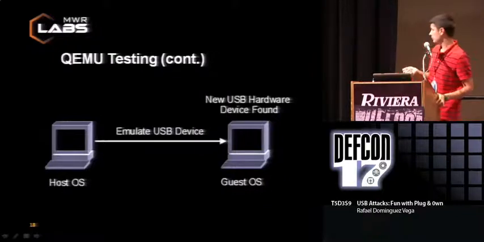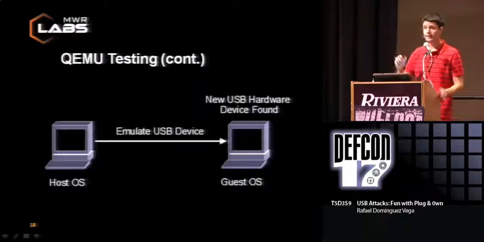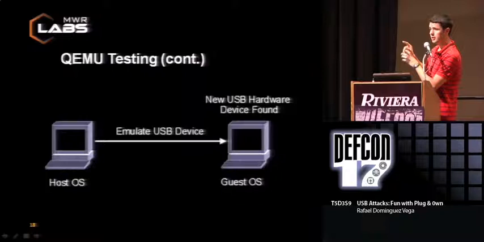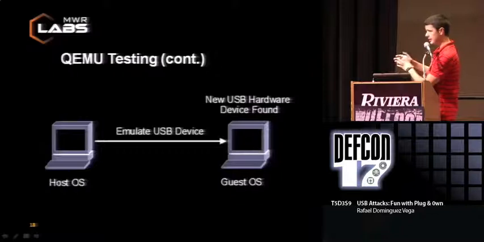As we all know, secure operating system. So what we did in the virtual machine, we installed Linux, the exact version that was used in the hardware device that we were testing, with the idea of emulating multiple USB devices from the host computer to the guest virtual machine, sending malformed data to the guest virtual machine.